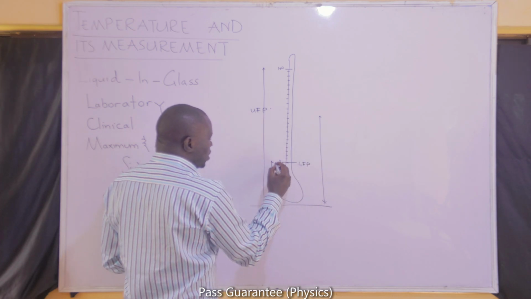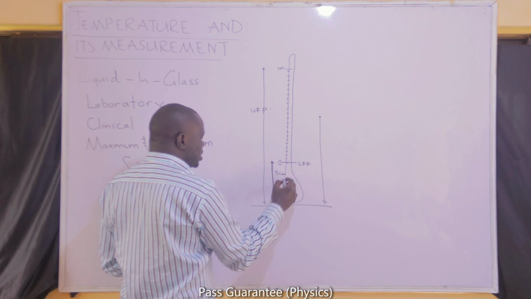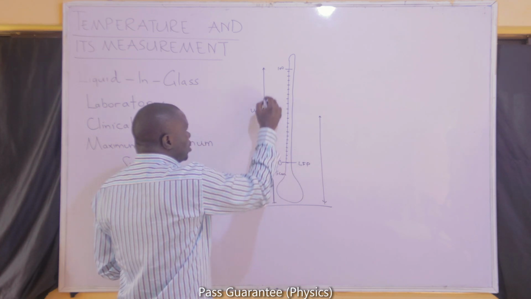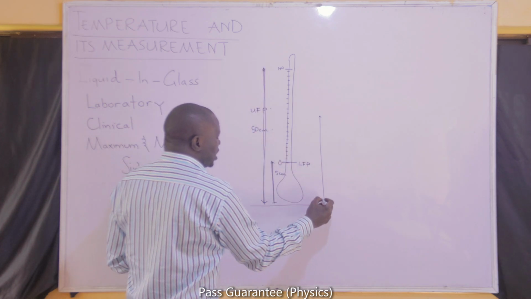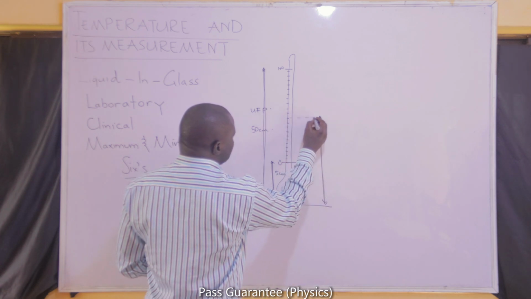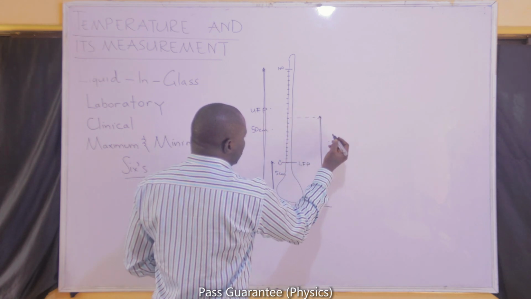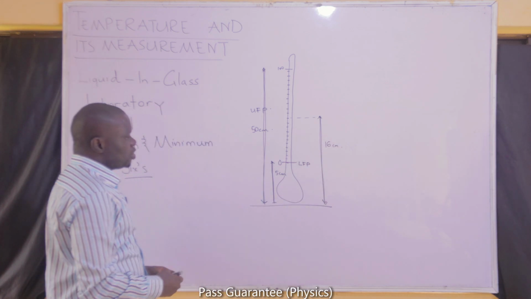If, for example, the length of the lower fixed point is 5 centimeters and the length of the upper fixed point is 50 centimeters, I can be asked to find the temperature at a point that is at 6 or 16 centimeters. That should be very easy for me to know.